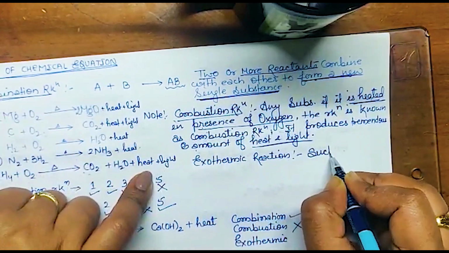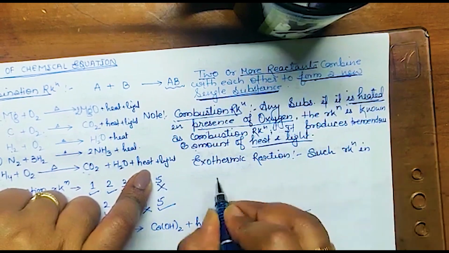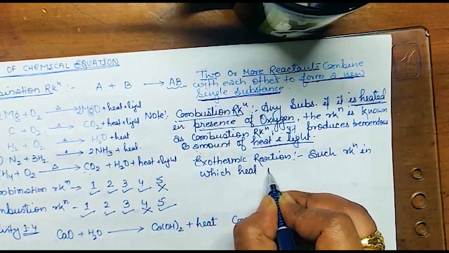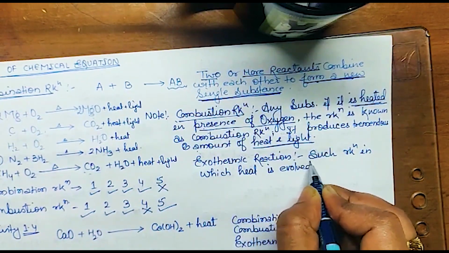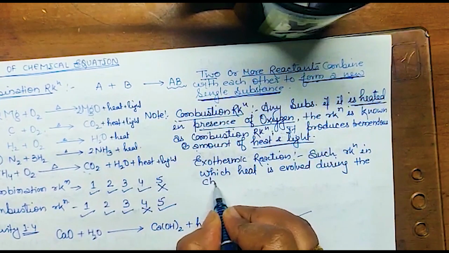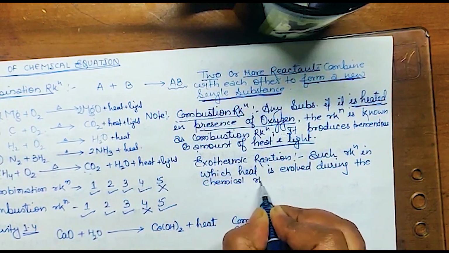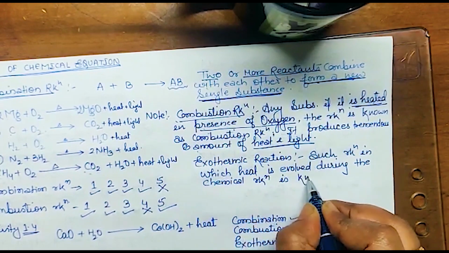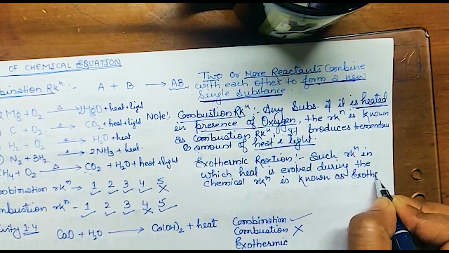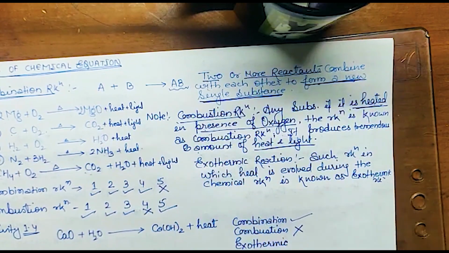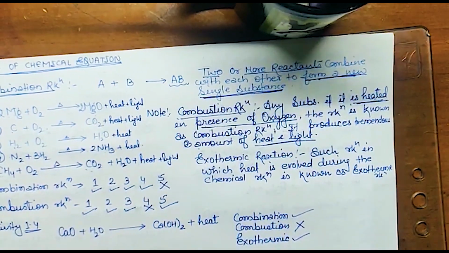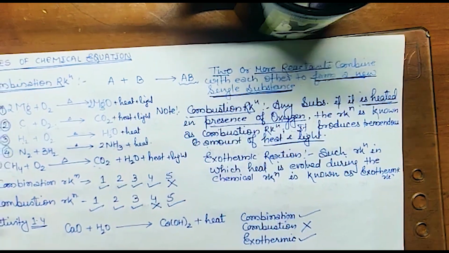Such a reaction in which heat is evolved during the chemical reaction is known as an exothermic reaction. Got it? So it is liberating heat, so yes, it is an exothermic reaction. Is it clear?